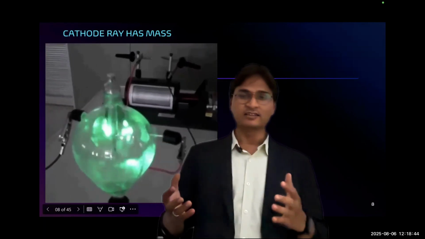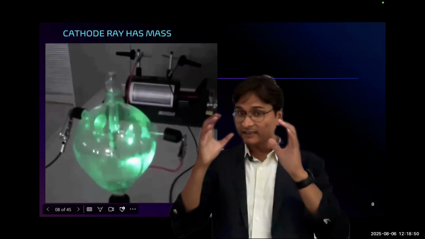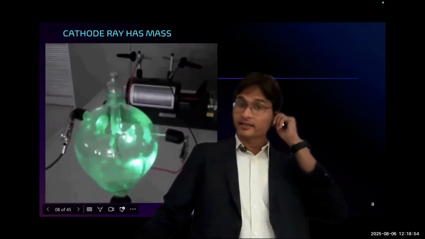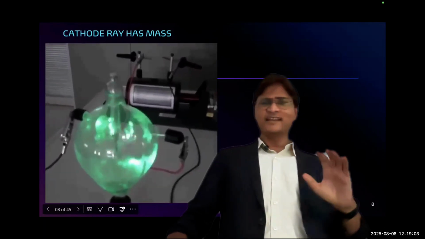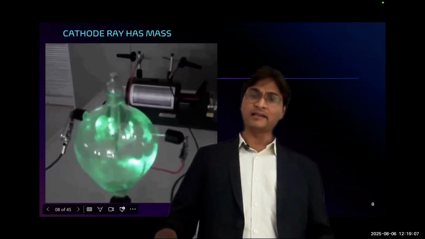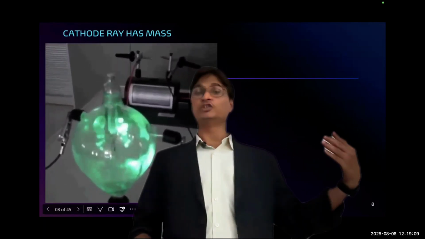Before this, chemistry was jadoo, magic. At this point, he was able to say something, quantifying something inside the atom. Just focus here, that this particle, something which is coming out of the atom, is having mass. So far, he was able to establish it is a charged particle, a negatively charged particle, and it is moving in a straight line.